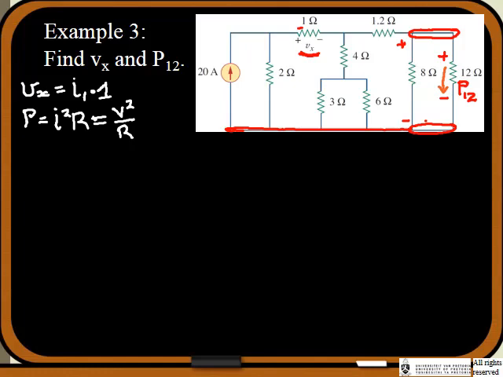So if we can find the voltage across those two resistors, we can simply use the V squared over R equation to find the power in the 12 ohm resistor. But first, we're going to simplify the circuit to find Vx.